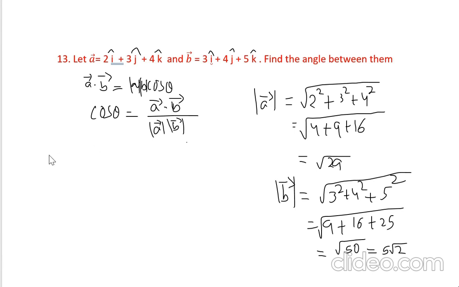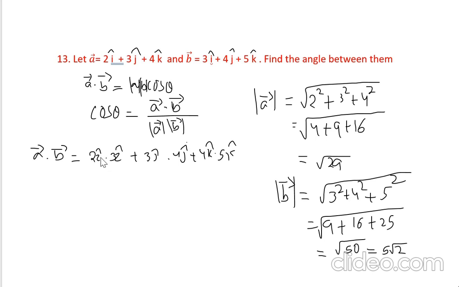Now coming to the dot product. When we find the dot product, we multiply the x component with the x component, the y component with the y component, and the z component with the z component. That means A vector dot B vector is 2 i cap dot 3 i cap plus 3 j cap with 4 j cap plus 4 k cap with 5 k cap.